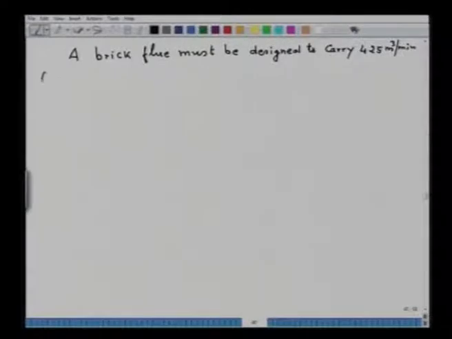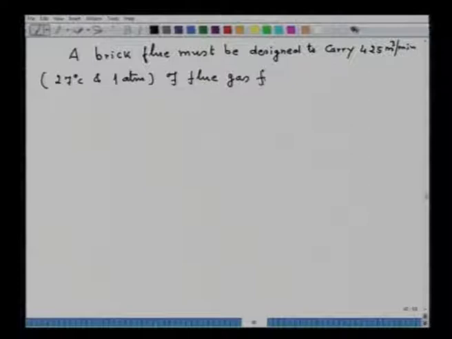The gas is given at 27 degrees Celsius and 1 atmospheric pressure.